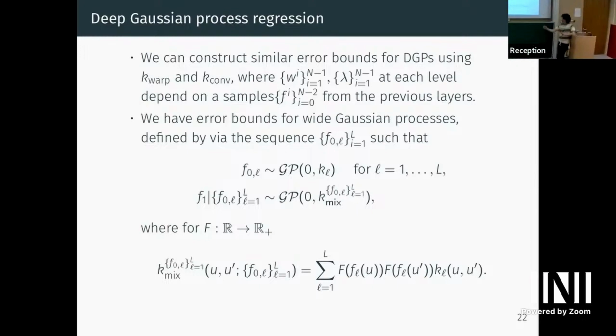You take multiple samples and then put that into the next layer. Then you use this mixture formulation. You only do it for Gaussian processes.